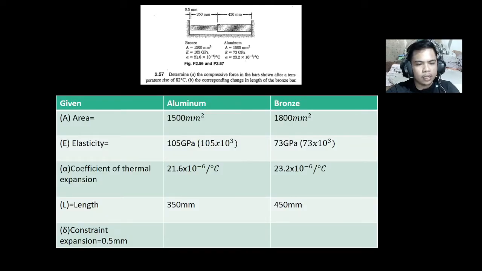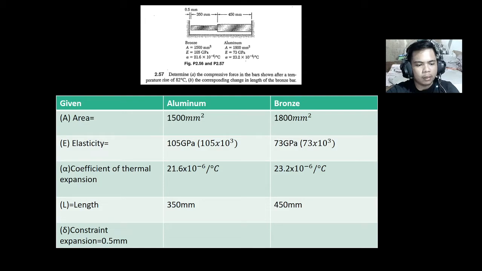So let's identify the given first. A for the area: for the aluminum it is 1,500 square millimeter, and for the bronze it is 1,800 square millimeter. E for the elasticity: for the aluminum it is 105 GPa, and for the bronze it is 73 GPa.